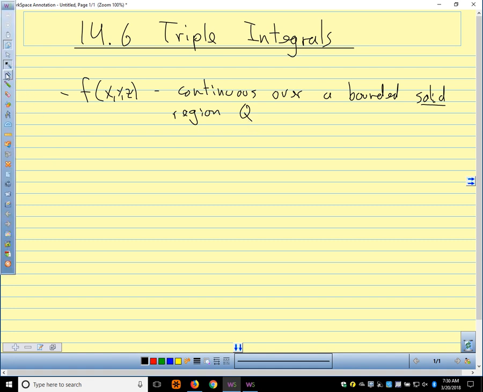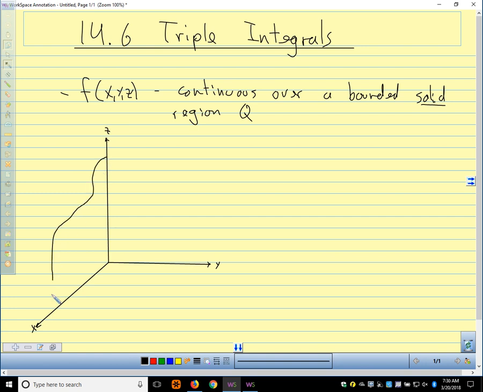All right, so visually, there's our first octant, and we have some solid that cuts into the first octant here, and we have some f of x, y, z above the xy plane.